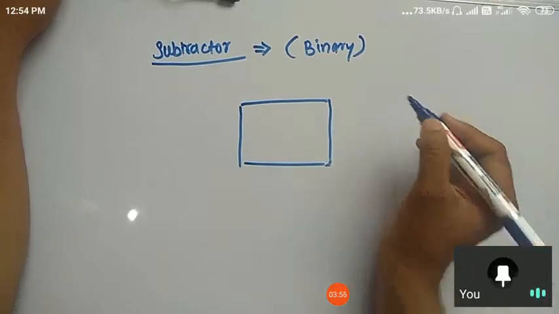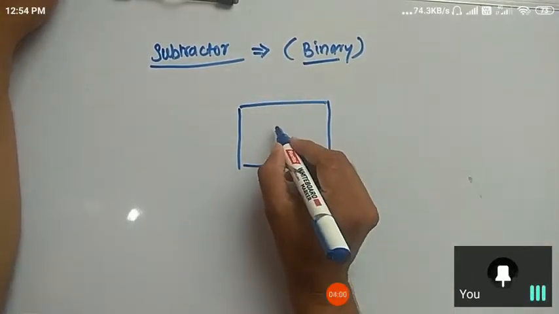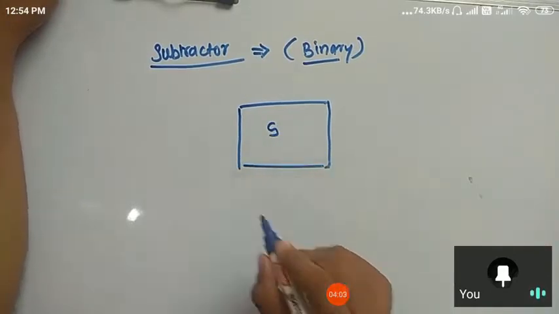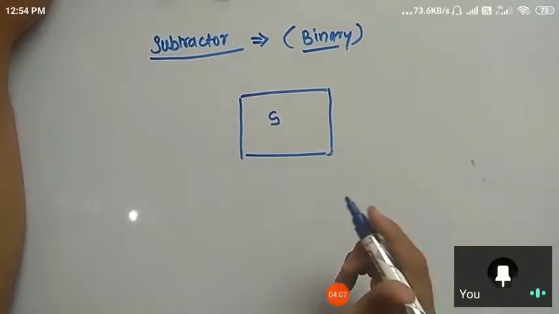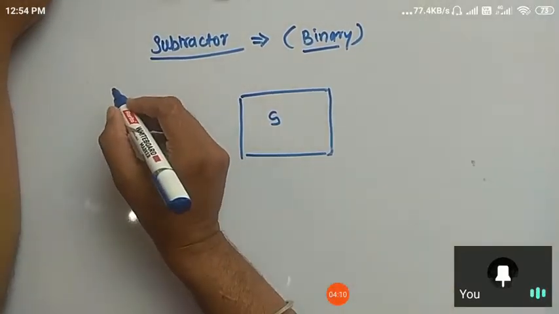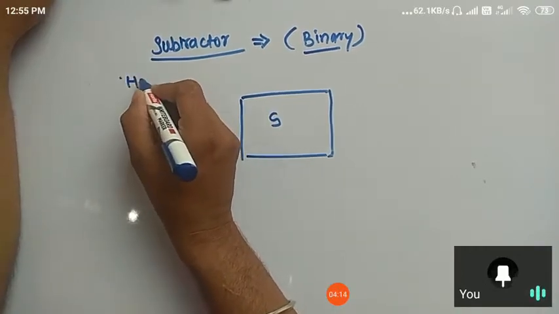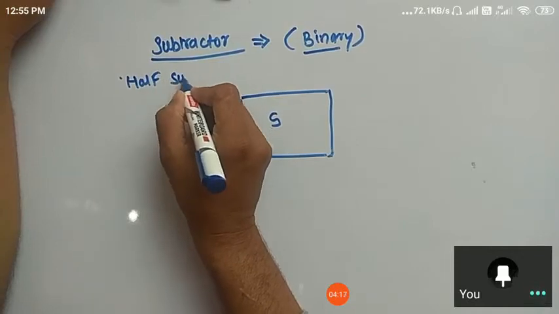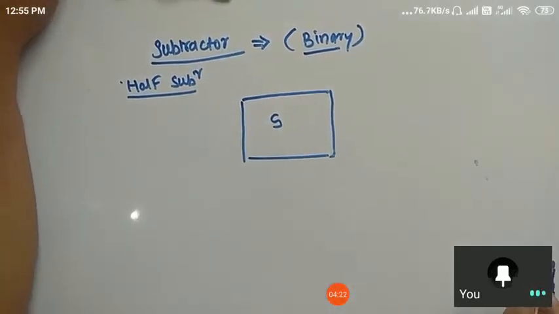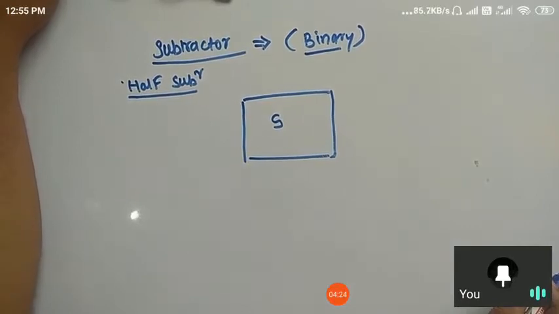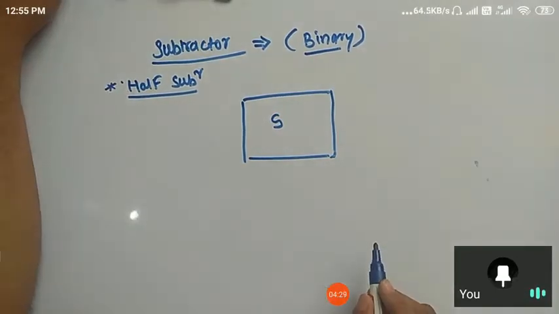See, in the bracket in that PDF or notes I have written binary. That means the subtractor computes the subtraction operation on binary bits. Now there is again a first subtractor, that is nothing but the half subtractor, as we have seen for the half adder and full adder. So similar will be here. So at the starting we are going for the half subtractor.